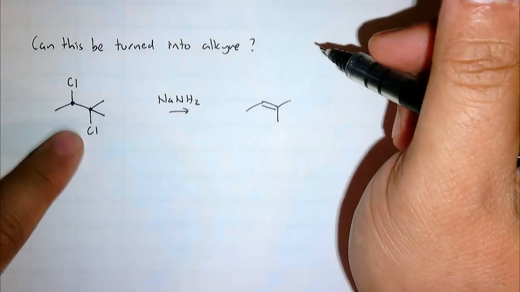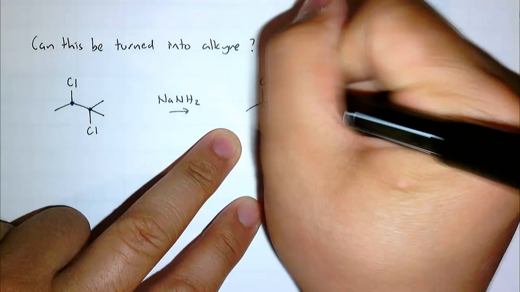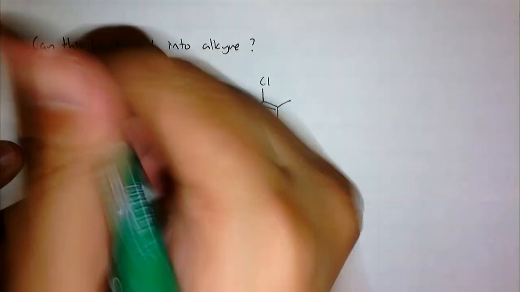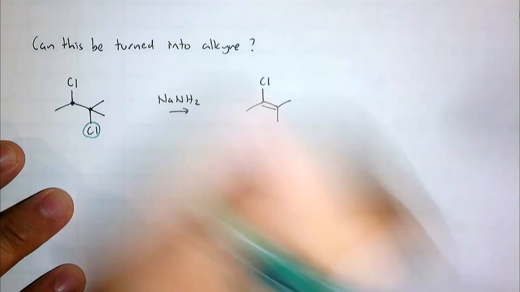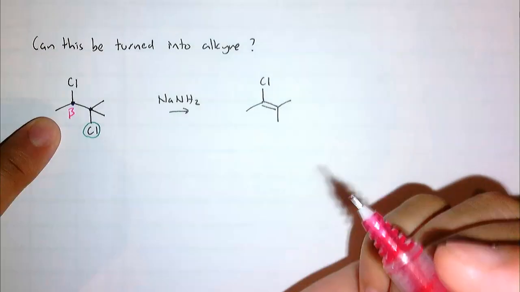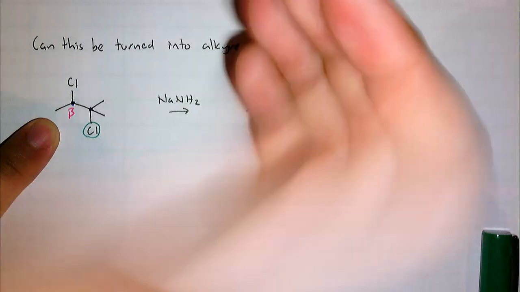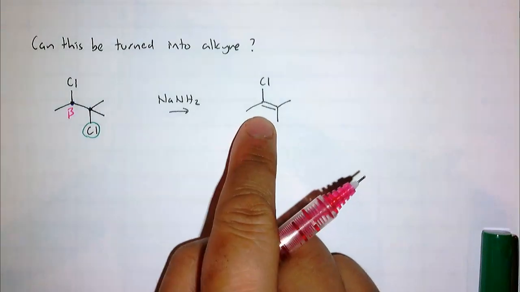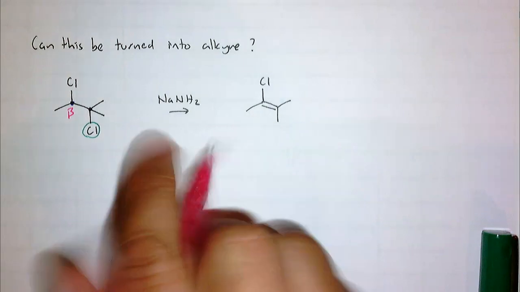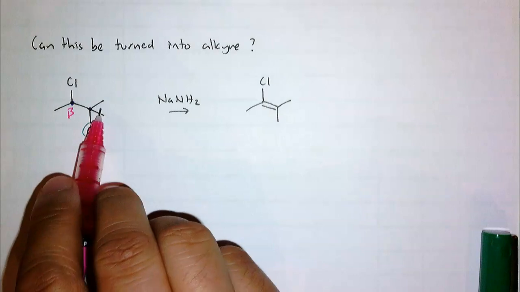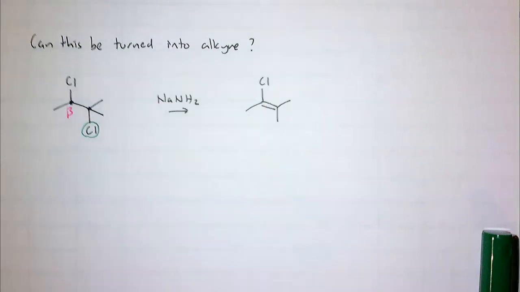Chlorine right here. So if I wanted to remove this chlorine right here, I am thinking that I am going to remove this beta hydrogen on the left, which is reasonable because we're making a tetra substituted alkene. I would rather do that than make the alkene on the right, because that would be mono substituted.